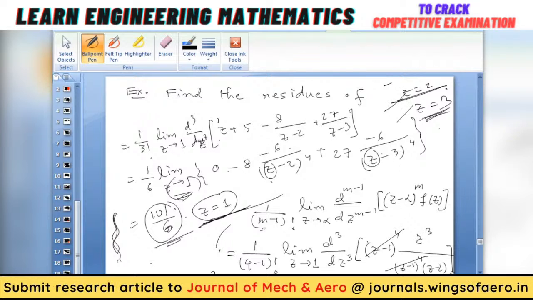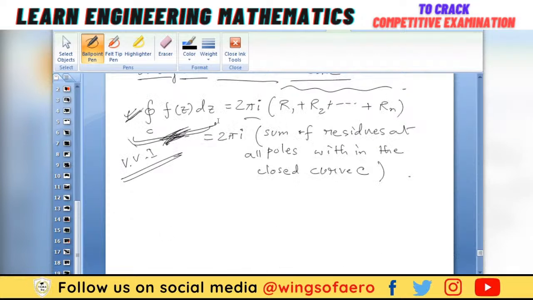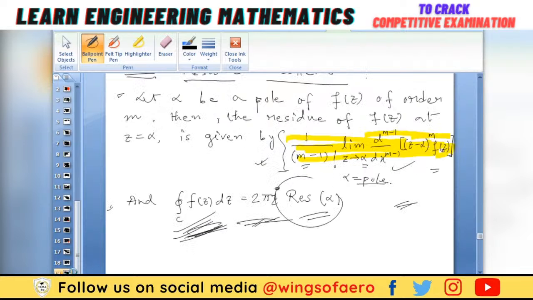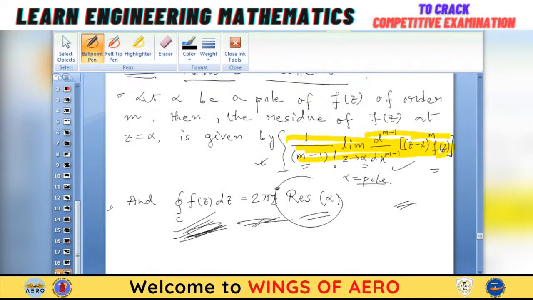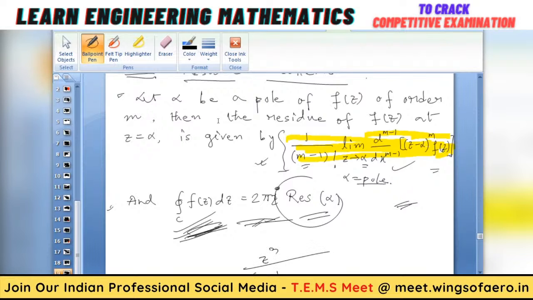Now, come to the equation, that is this integration, and whatever the residues. Suppose the complex function which I have given to you is like this: z cube divided by (z minus 1) to the power 4, (z minus 2) and (z minus 3).